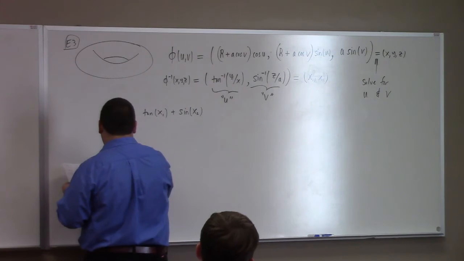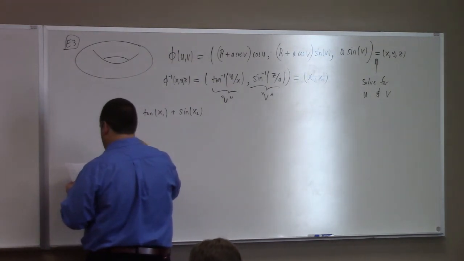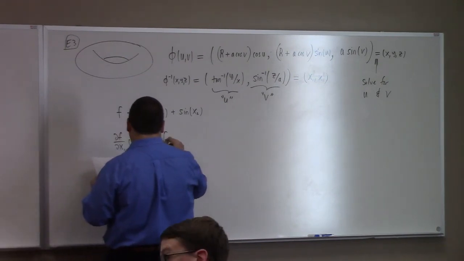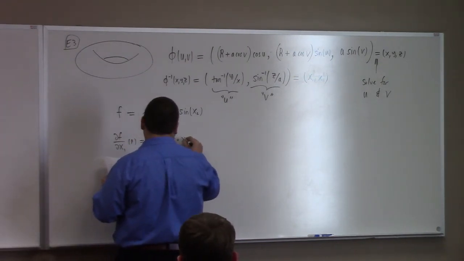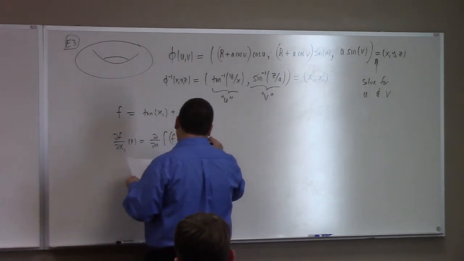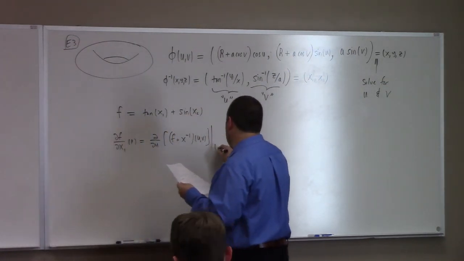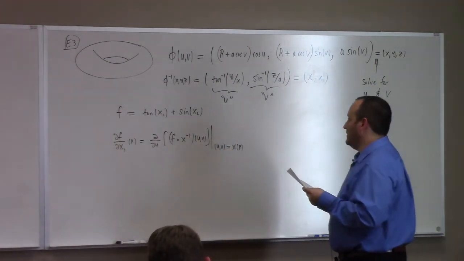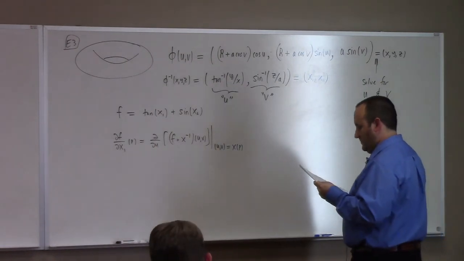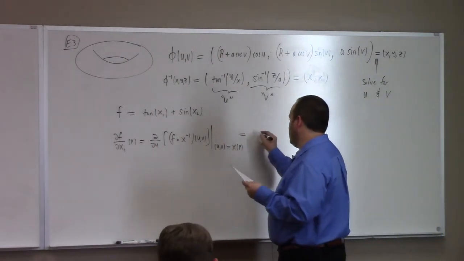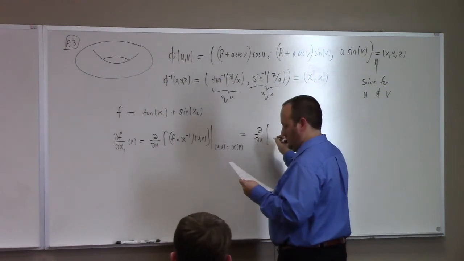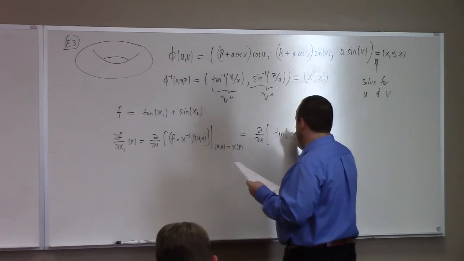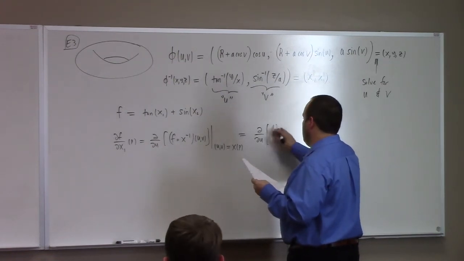So, partial f, partial x1 of p is partial u of f composed with x inverse of u, v, and then we put u, v equal to x of p. So for this one, that is partial u of what? Tangent of, well, I'll do an in-between step here.